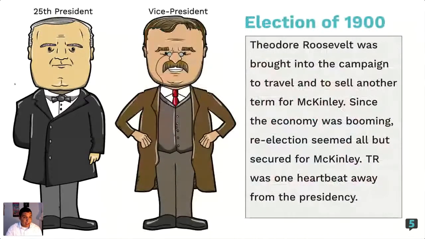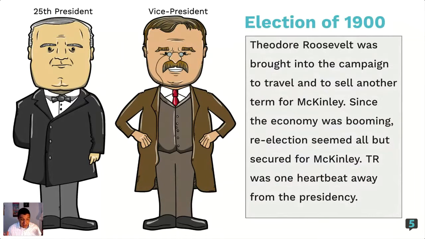So McKinley is the 25th president of the United States, and Roosevelt becomes vice president. Basically, they use Theodore Roosevelt to go around the country advertising William McKinley. He gives all these speeches and is like the spokesman for McKinley.